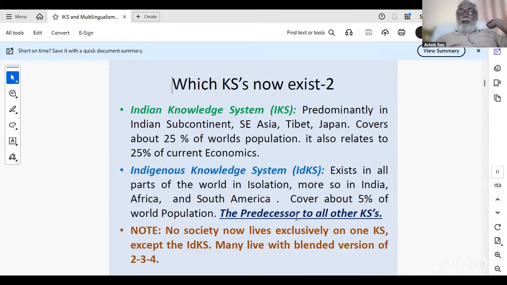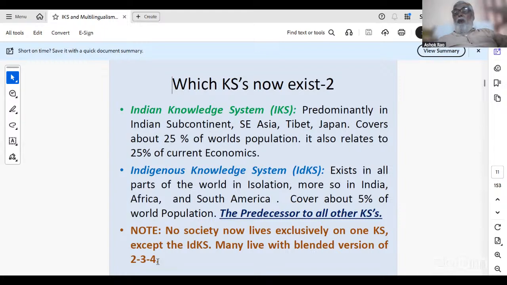Okay. Now we need to know that no society now lives exclusively on one knowledge system except the indigenous knowledge system. Many live with a blended version of 2, 3, or 4. For example, the majority of us have an Indian knowledge system within our house, in our dress habits, our family structure, our social and religious expressions.